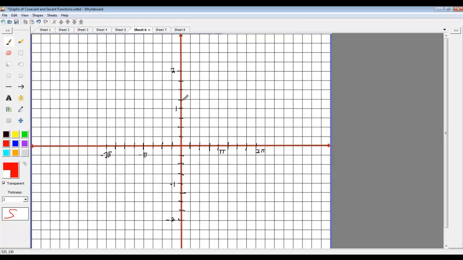Cosine starts up here at 1, and then it dips down. Goes down at pi, it hits -1, and then it dips back up.